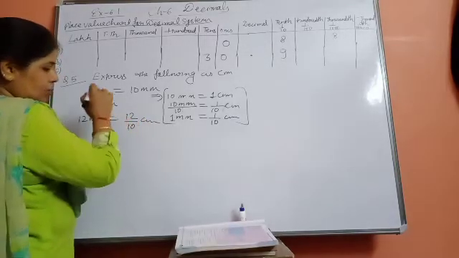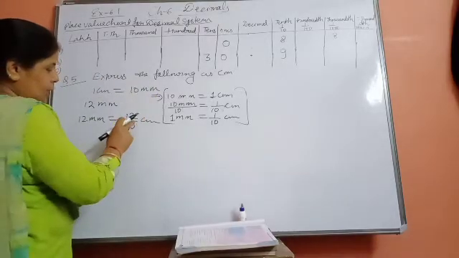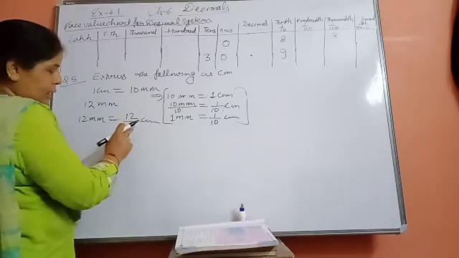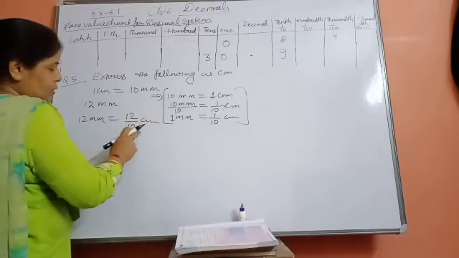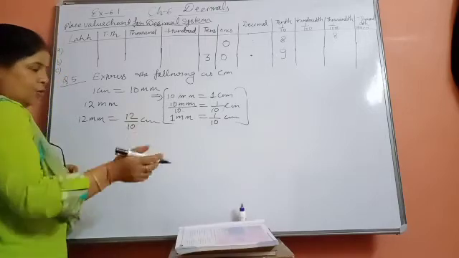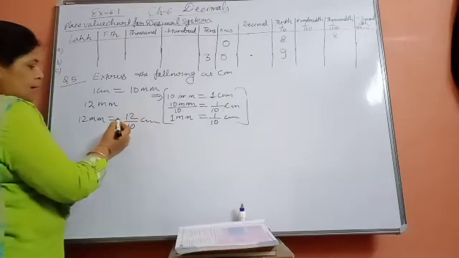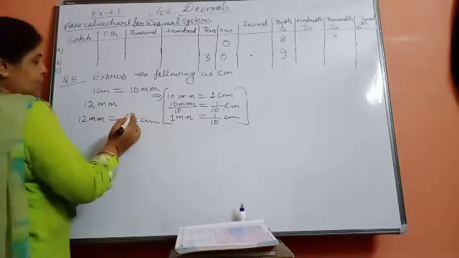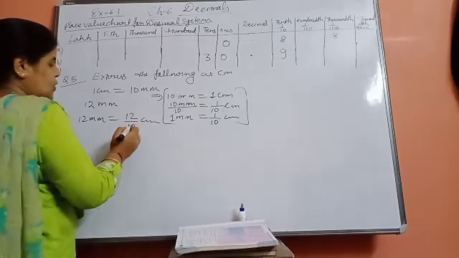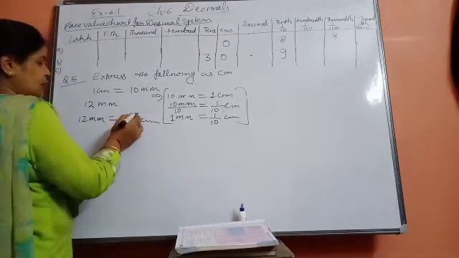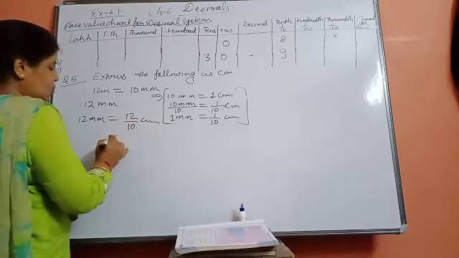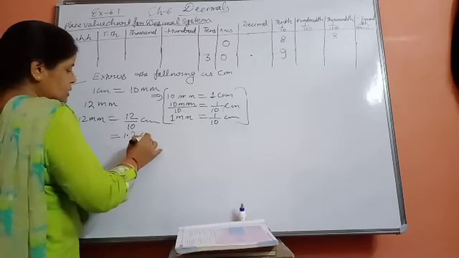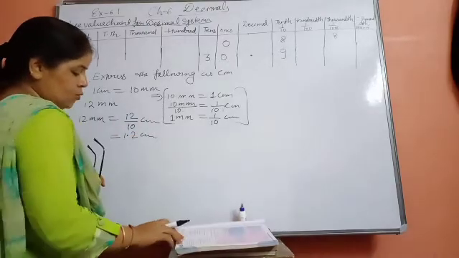If you would like to remove the decimal, you increase the number of zeros in the denominator. If you would like to remove a zero from the denominator, the decimal shifts to the left. There is 1 zero, so it shifts one place to the left, and your value is 1.2 centimeter.